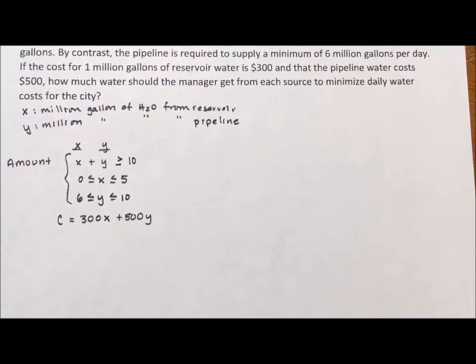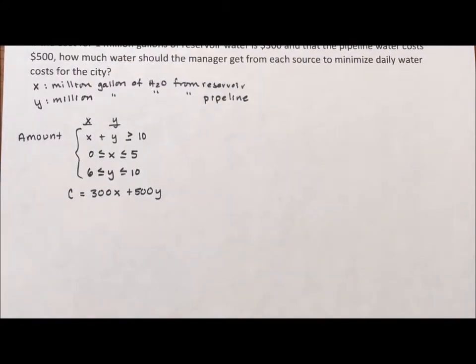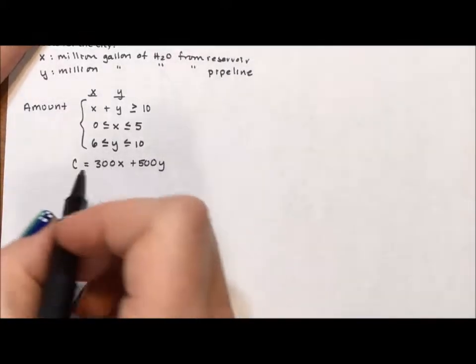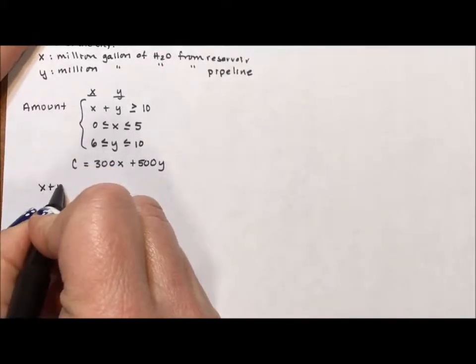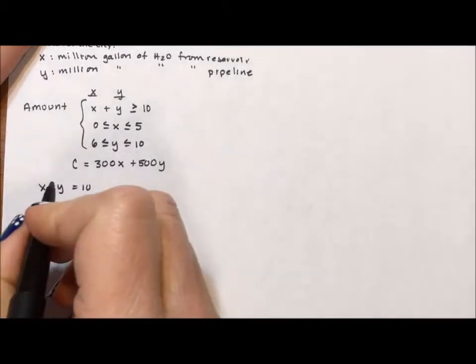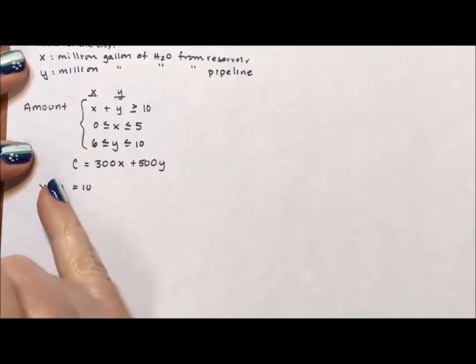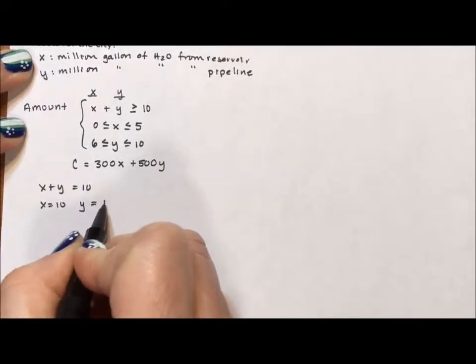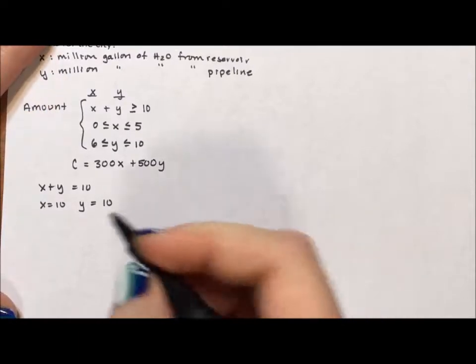The next thing we need to do is graph this situation. So if I look at X plus Y equals 10, my intercepts: if I set Y equal to 0, X is equal to 10. If I set X equal to 0, Y is equal to 10. And that's our only slant line.